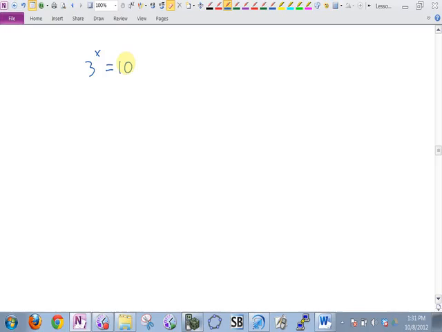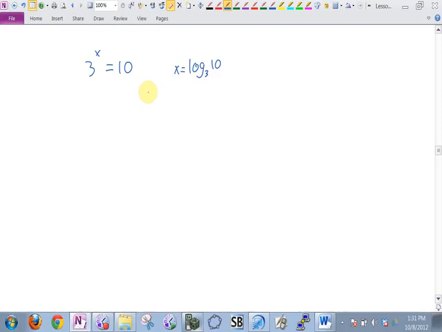It's a good guess. 2 point something. Any idea what? Well, can I just say the log base 3 of 10 is going to equal x? Does everybody agree that log base 3 of 10 is the solution to this equation?